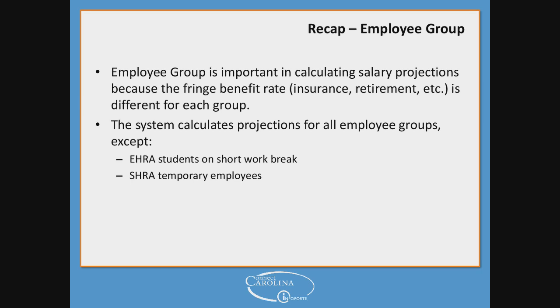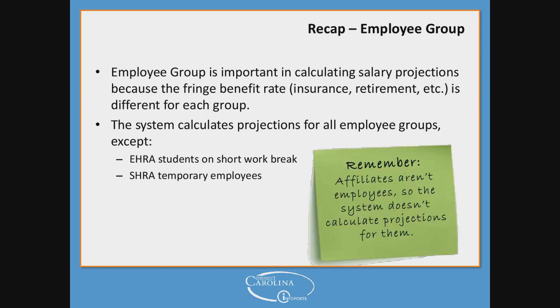Thinking about it logically, EHRA students on short work break are not getting paid, so we don't want to project that they are getting paid during that time. And for SHRA temporary employees, we don't necessarily know exactly how many hours they're going to work, so it's difficult to come up with an accurate projection for that group. So they do not have projections.